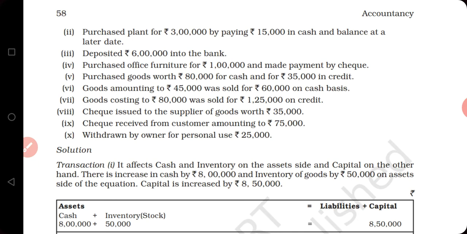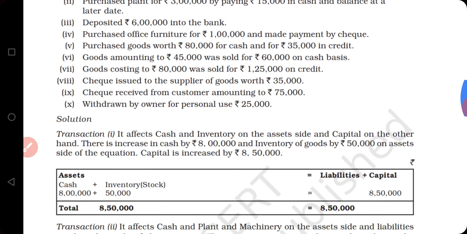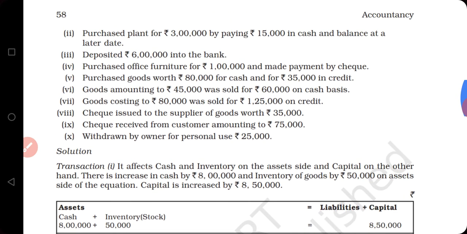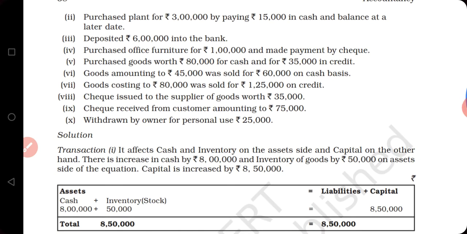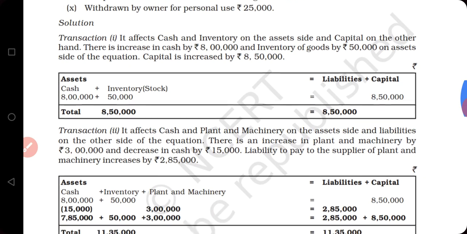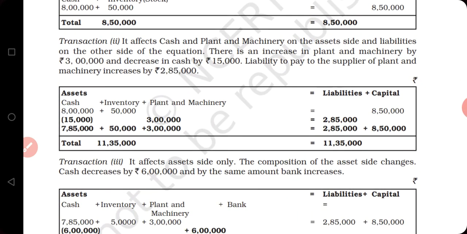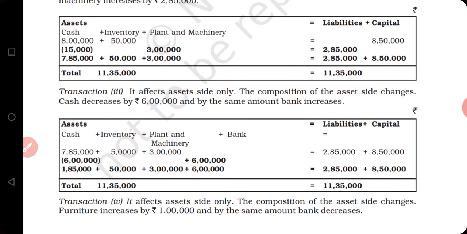Purchase plant for rupees 3 lakh by paying 15,000 cash and the balance at a later date. So we have purchased the plant for rupees 3 lakh, and 15,000 we are paying in cash and the rest afterwards. So see the effect of this transaction. We are purchasing plant and machinery, so plant and machinery will come under the asset.